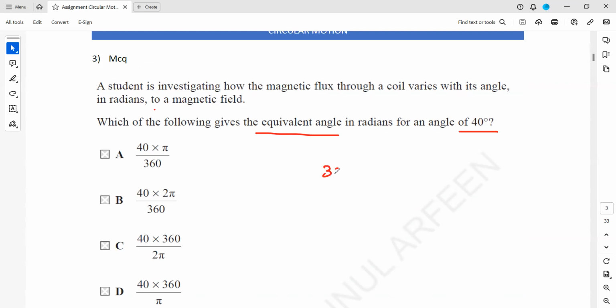For example, 360 degrees is equal to 2 pi radians. So if we have 40 degrees, how many pi radians will there be? Cross multiply. So X will be equal to 2 pi multiplied by 40 divided by 360.